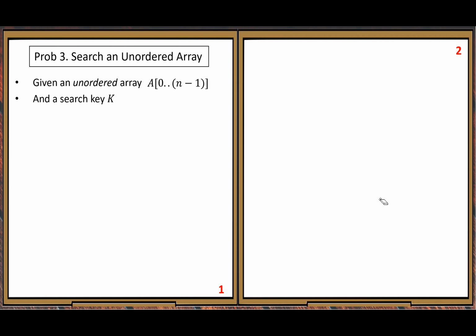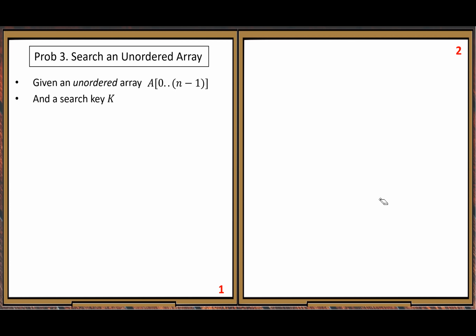Here, the search key you can understand in this way. The key value should be one of the values in the array elements.